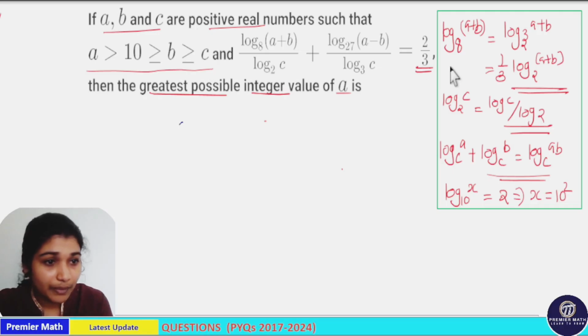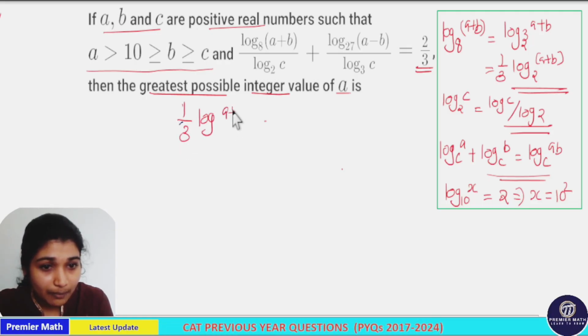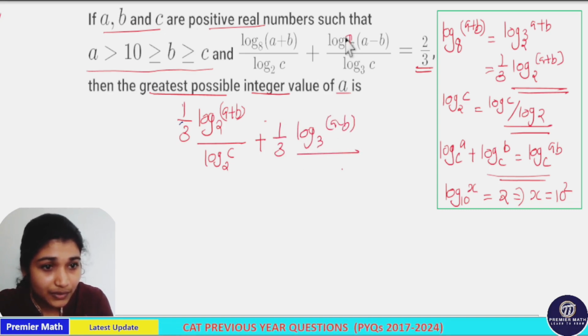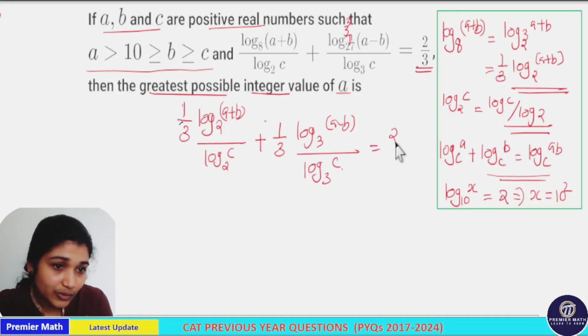Now apply these properties in this problem. So here the first term will become 1 by 3 log A plus B to the base 2 divided by log C to the base 2, plus the second term will become 1 by 3 log A minus B to the base 3, here 27 is equal to 3 cube, divided by log C to the base 3, which is equal to 2 by 3.